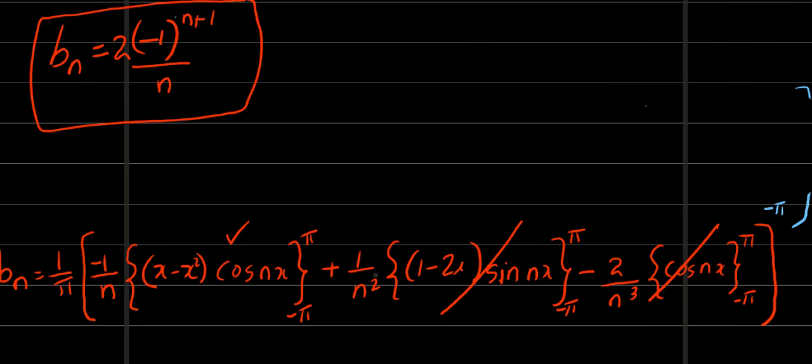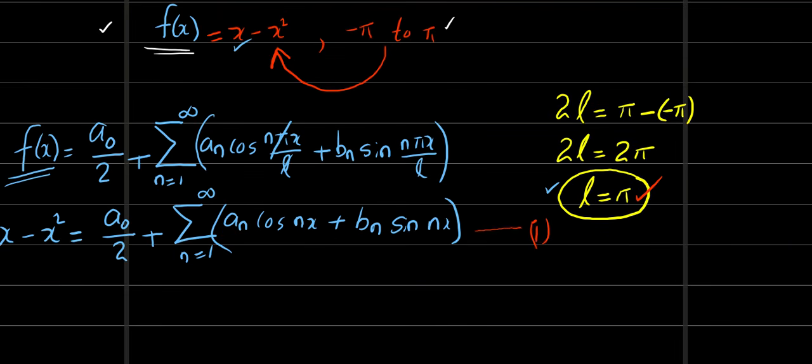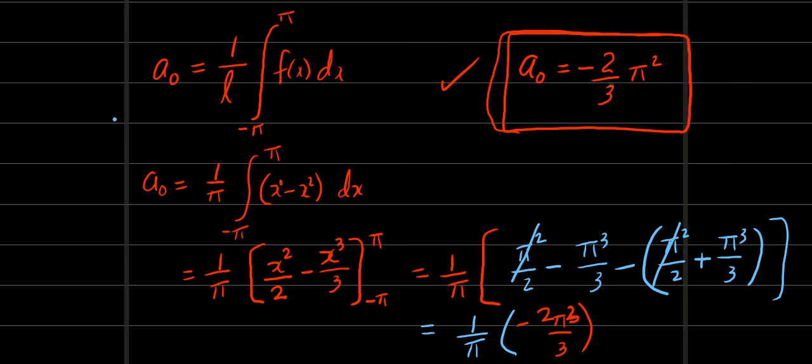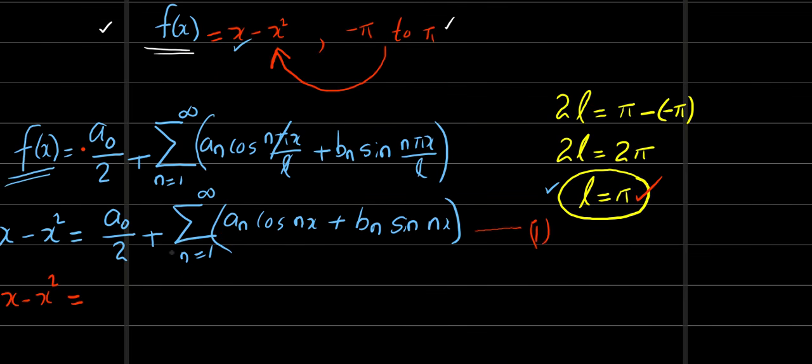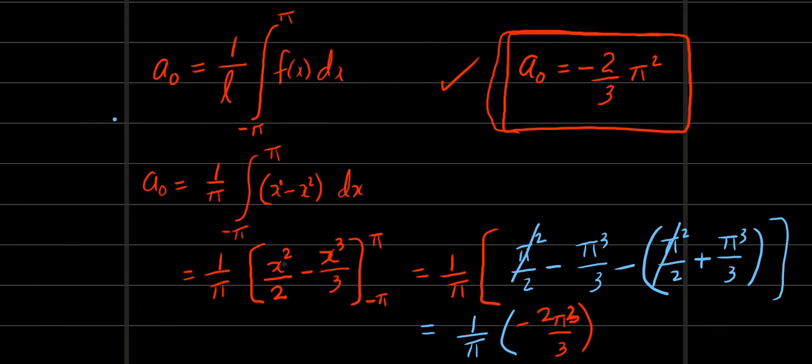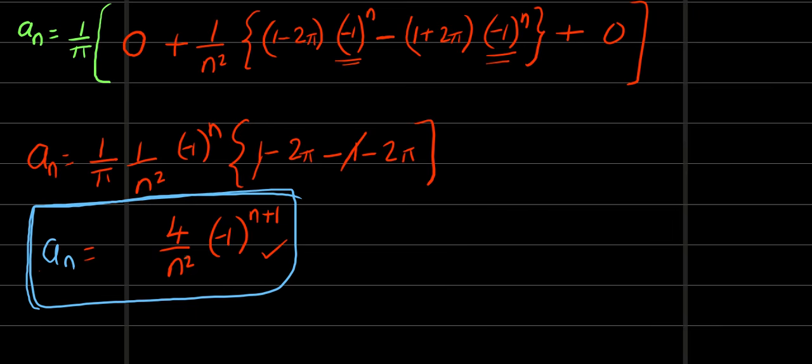So we will find what is equation number 1. So I hope you still remember equation number 1. So let's substitute directly here. x minus x square is equal to a0. Yeah. So half of this will be minus pi square by 3 plus sigma n equal to 1 to infinity an, and an is here.